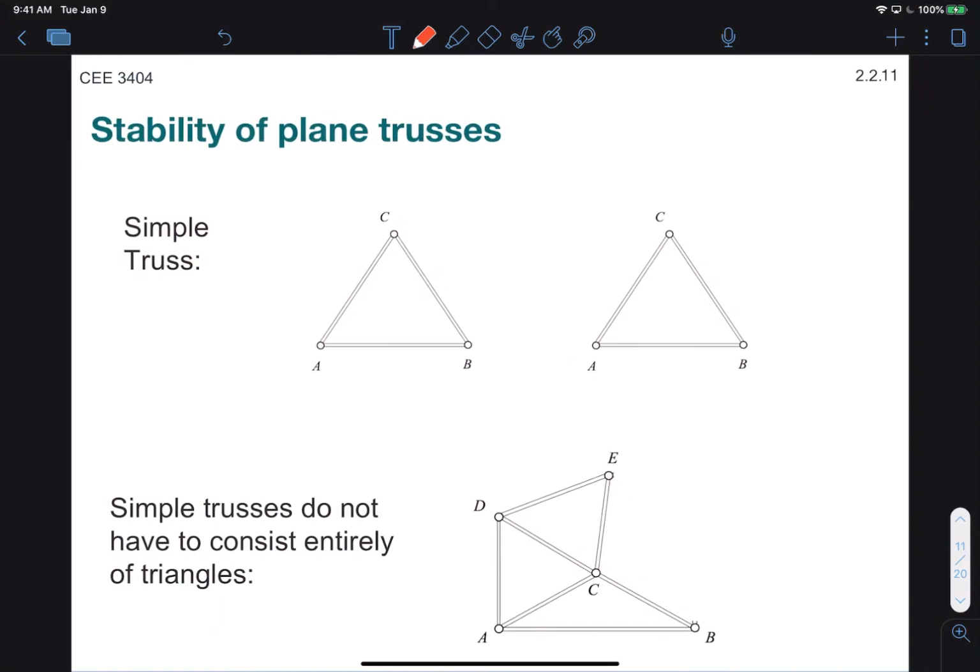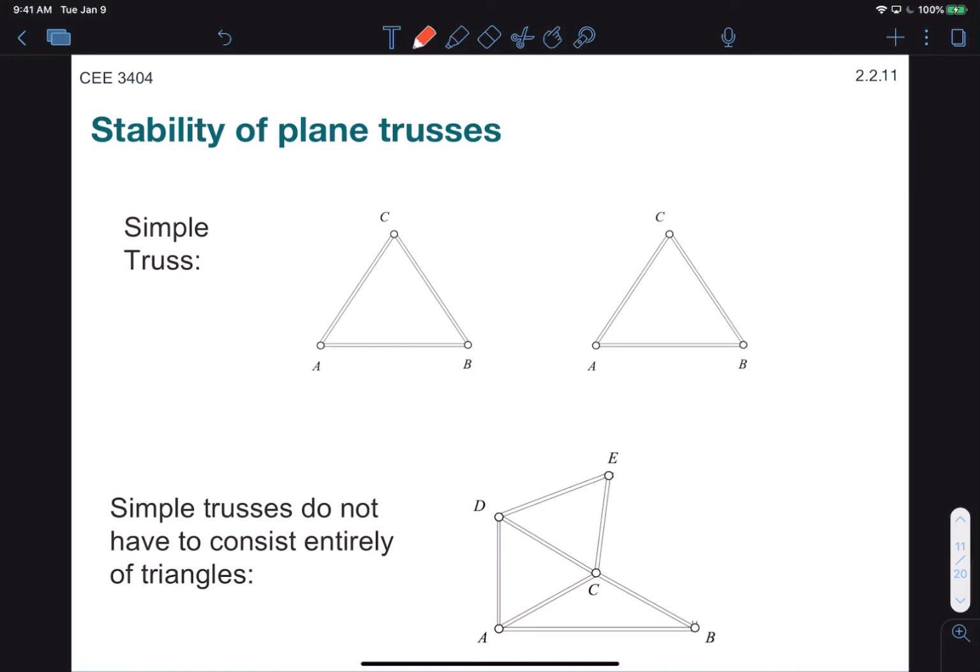Now we can build off that principle and create what we call simple trusses, which are simply combinations of stable truss elements. So the triangular element is the most basic simple truss, but we can also create a new simple truss by adding essentially new joints and new members.